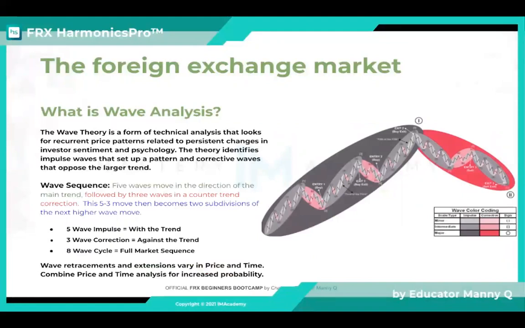Wave analysis was developed by Mr. Elliott, and he studied over 200 years of stock data, and he learned that the market moves in a 5-3 sequence, and it repeats this pattern on every time frame from the daily, weekly, yearly, all the way down into the minute and even below the minute, and the market is constantly repeating itself in this manner.